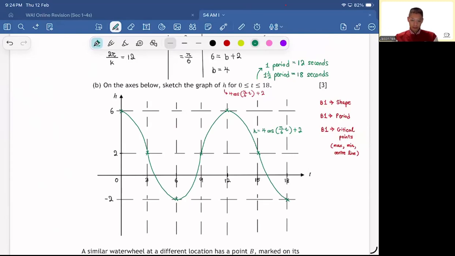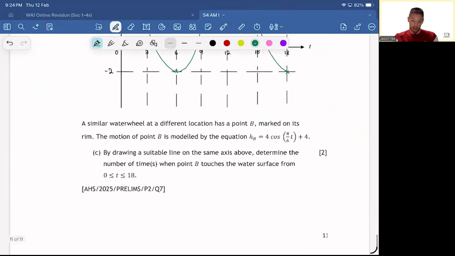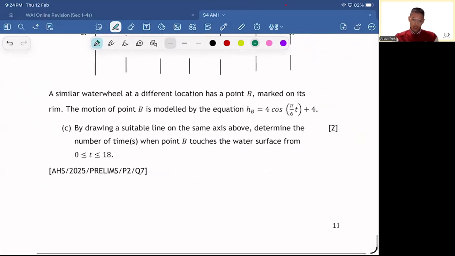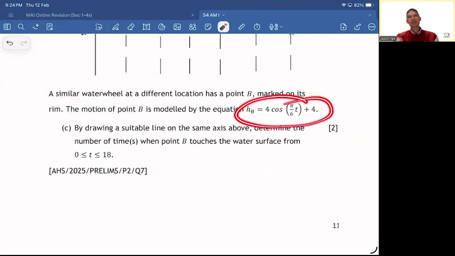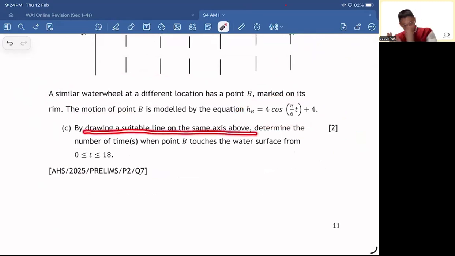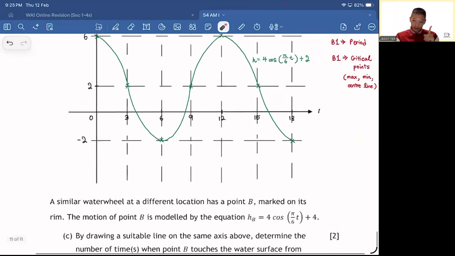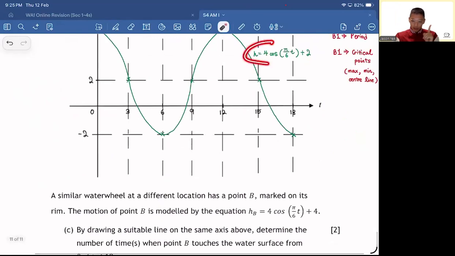Okay, over here. Now the last one, a similar water wheel. Motion of point B modeled by the equation. Then realize, wow, what's so many water wheels? Didn't we see this style of question before? Suitable line above. What is the curve above? 4 cosine pi over t plus 2.